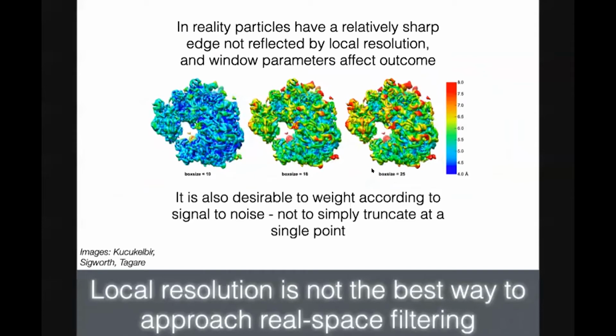Also, at the peripheries where we have relatively sharp edges, we start getting quite significant differences in the calculated local resolution just based on where things are in the reconstruction rather than the actual signal to noise ratio. And most significantly, this approach won't weight regions to retain as much signal and to remove as much noise as possible. Instead of weighting something nicely, we simply truncate it entirely at some point.